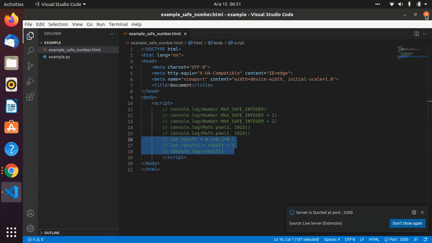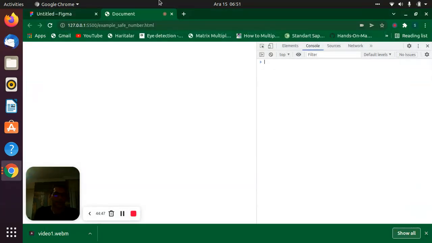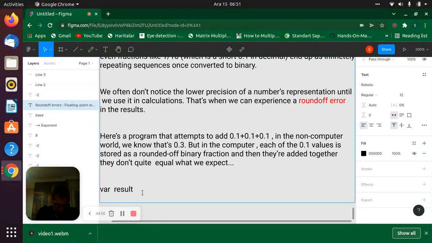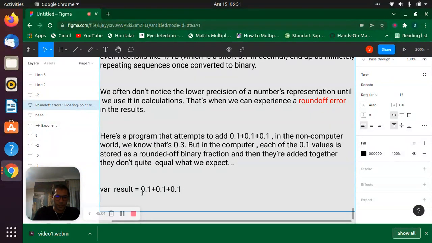Anyway, I will do it also like that. We will close VS Code. I will come here and say result equals 0.1. And if you say println, also console.log, I don't know, println is too much different. In Python we use print, but this is different.